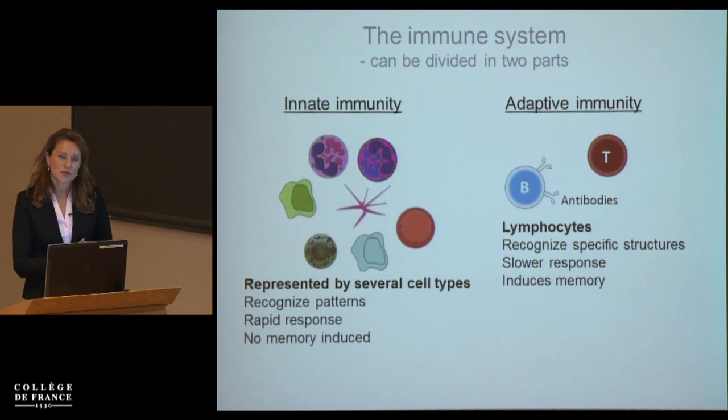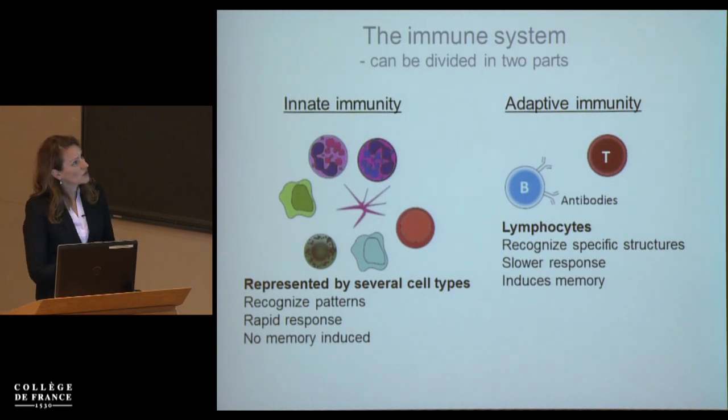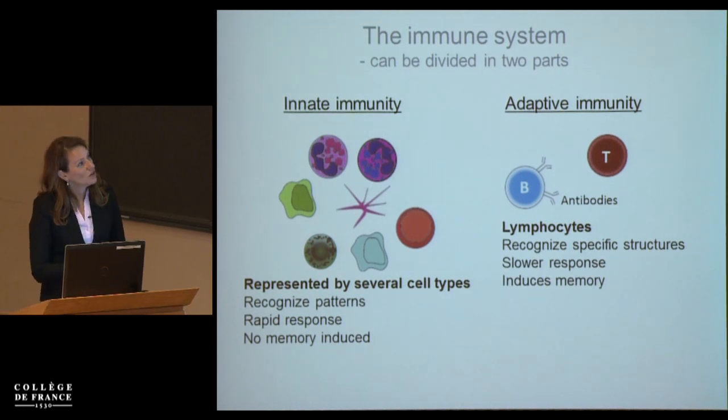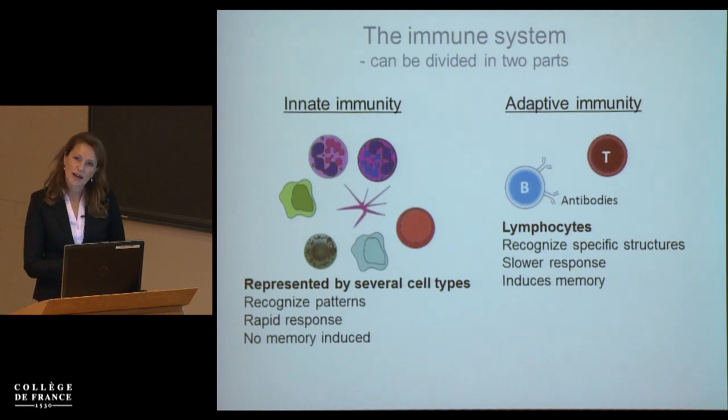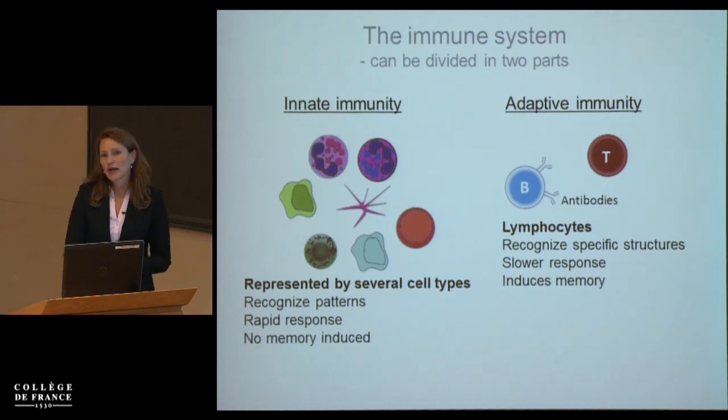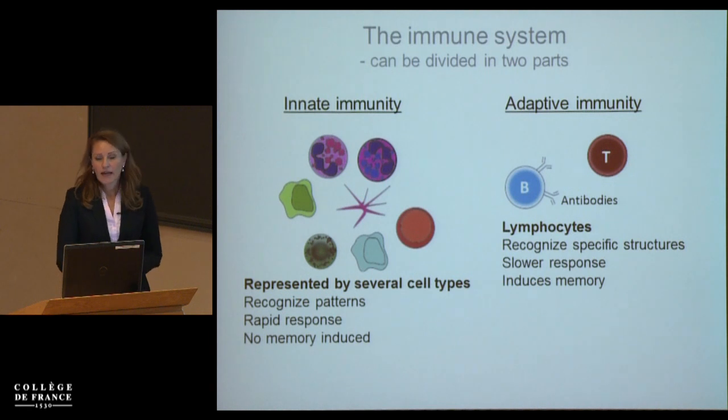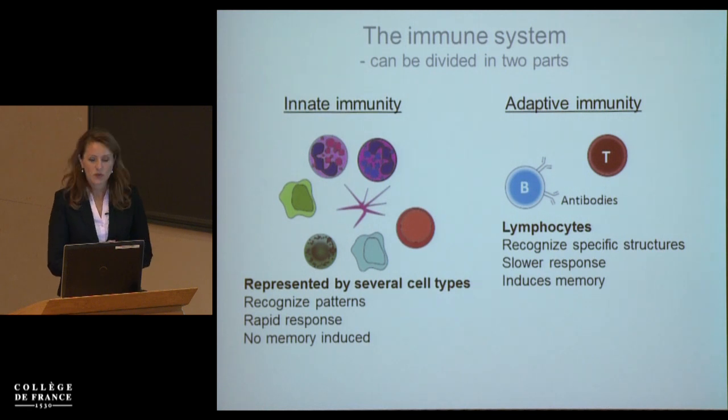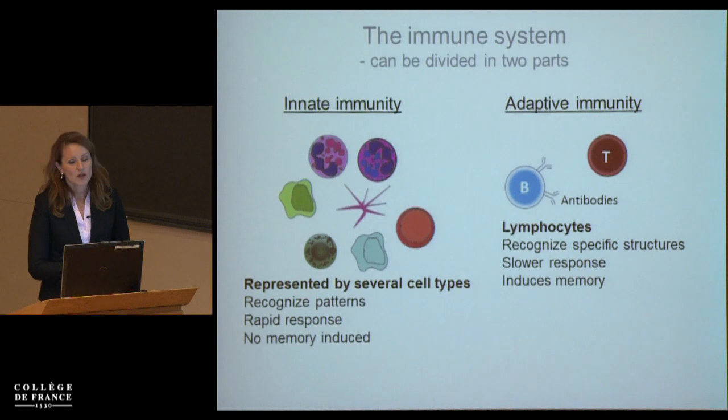This is in contrast to the adaptive immune system, which contains the lymphocytes. The lymphocytes are specific because they carry a receptor which binds to antigen. This receptor they need to develop, and this takes quite a while, so that's why it takes longer for this adaptive immunity to respond to microbes. So there's a slower response of this immune system. But they are very specific.